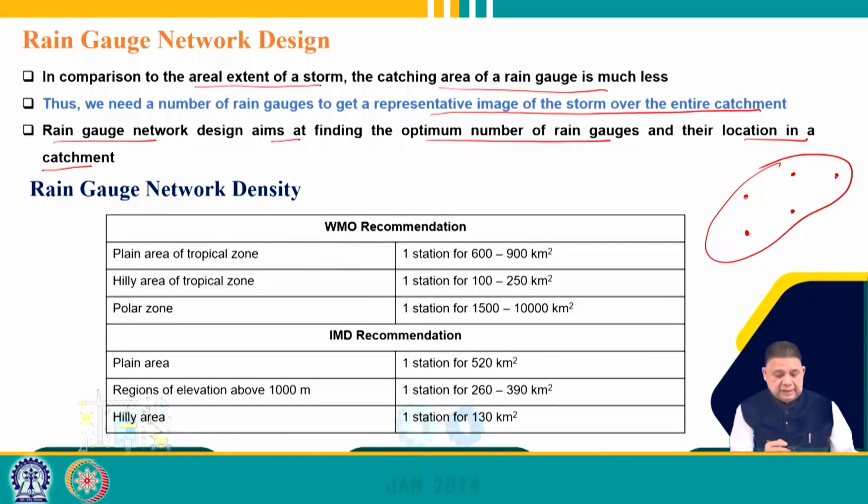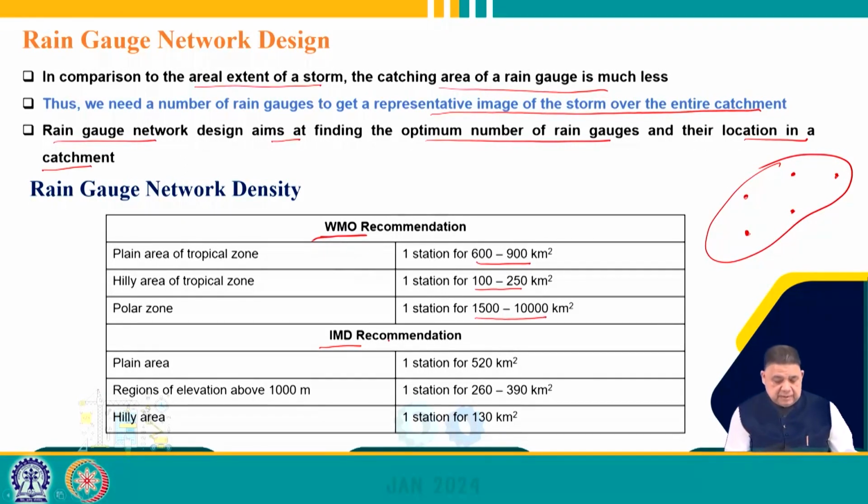Of course, there is a recommended rain gauge network density given by the World Meteorological Organization, WMO, as well as IMD. WMO recommends for plain areas of the tropical zone 1 station for 600 to 900 square kilometers, for hilly areas of the tropical zone 1 station for 100 to 250 square kilometers, and for the polar zone 1 station for 1500 to 10,000 square kilometers.